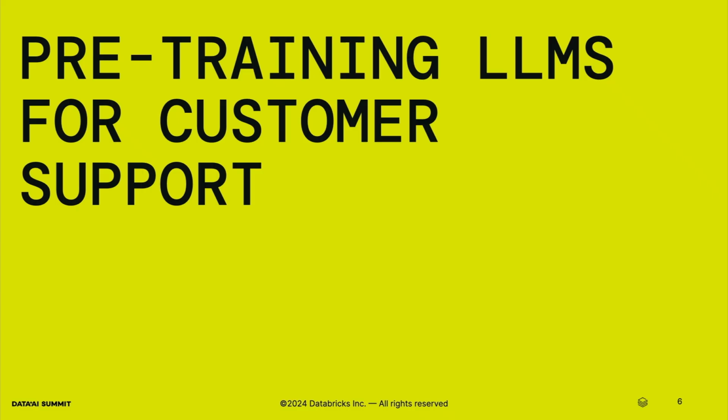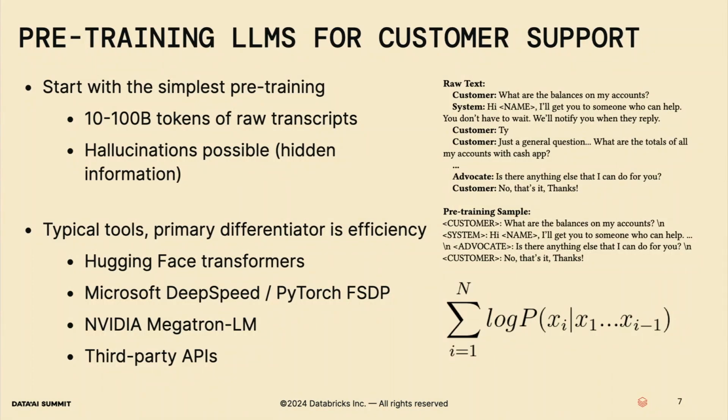So moving on to what we do here. I'll talk about how we do our pre-training. We're going to start with the simplest pre-training we can. Our data looks a little bit like this at the right, where we have a very, very large number of customer support transcripts. These are all diarized, so we have 3 participants in our conversation. A customer writes in and says something like, what's the balance on my account? We have a system, which is heuristic based.